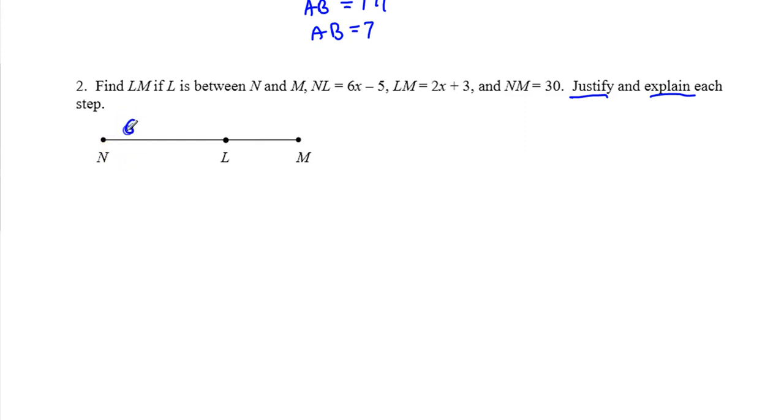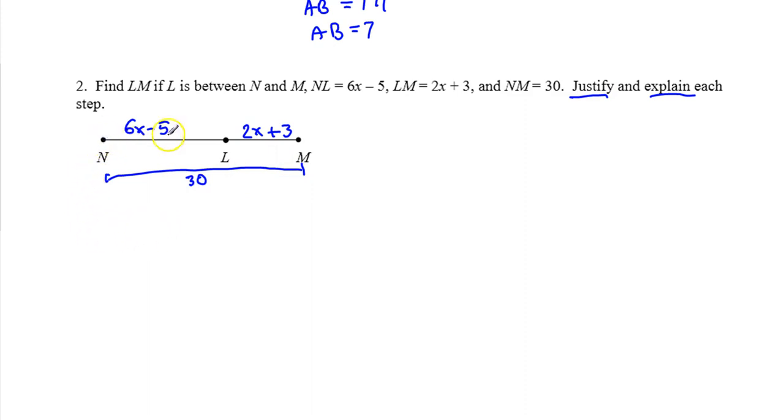NL is 6x minus 5, and LM is 2x plus 3. And what does it say? NM, this whole segment here, equals 30.